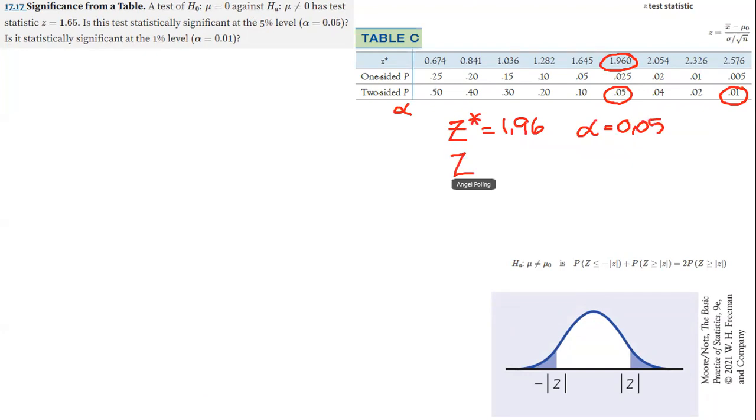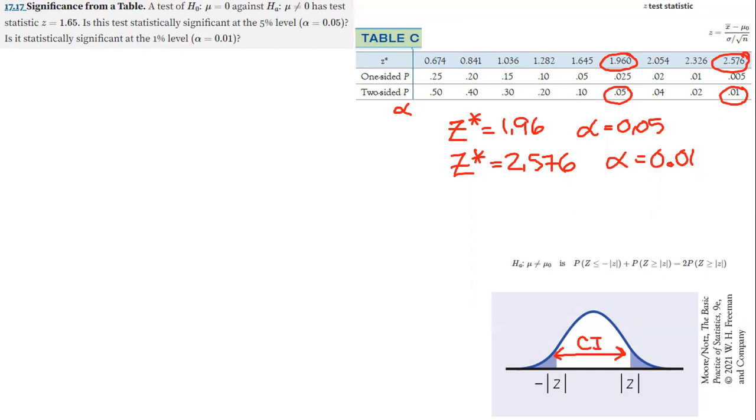And we're finding a z-star of 2.576 when alpha equals 0.01. These ones will match more with what you have been learning because this form fits our confidence interval conversation. So this one feels more like the values we're used to seeing. But sometimes you're doing a one-sided test, so you have to use the other row.